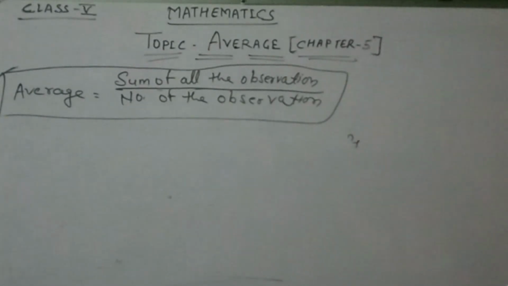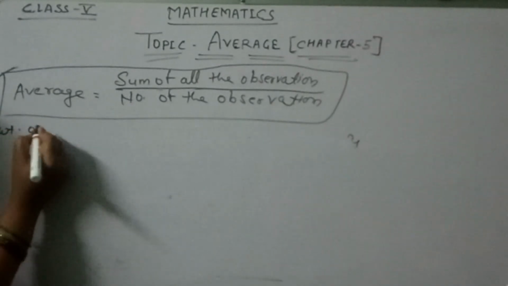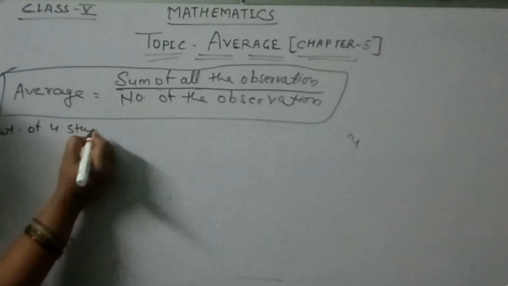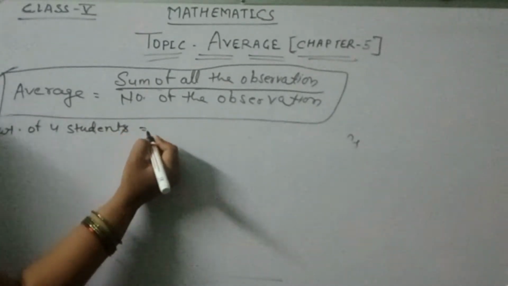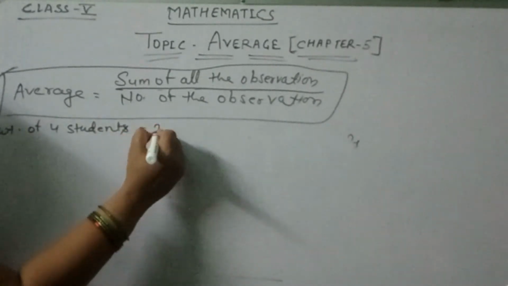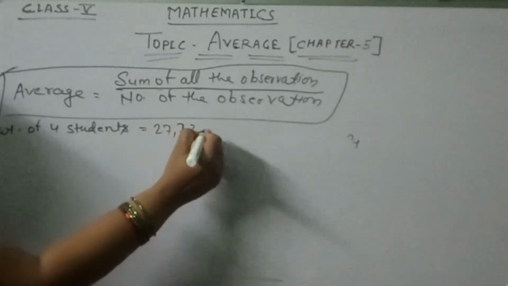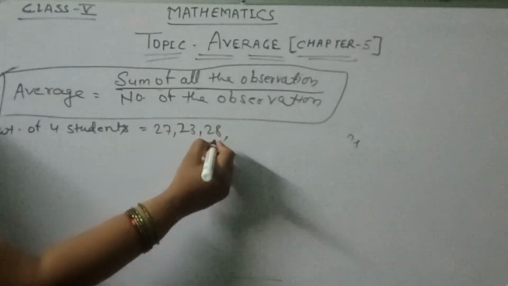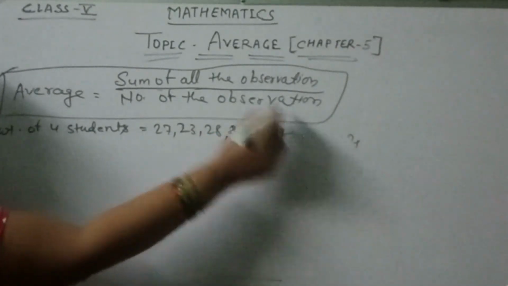See here, the weights of 4 students of class 4 are given: 27, 23, 28 and 30, all in kg.